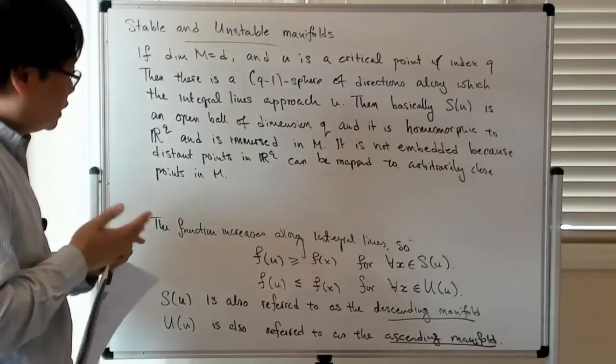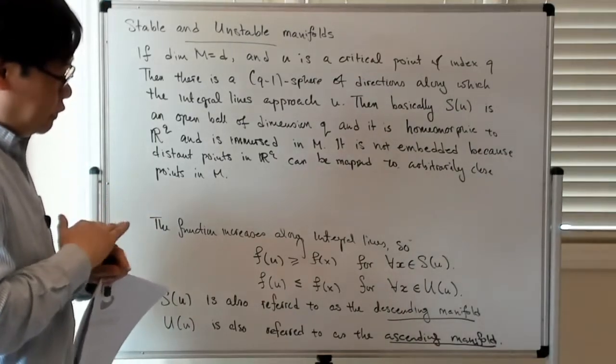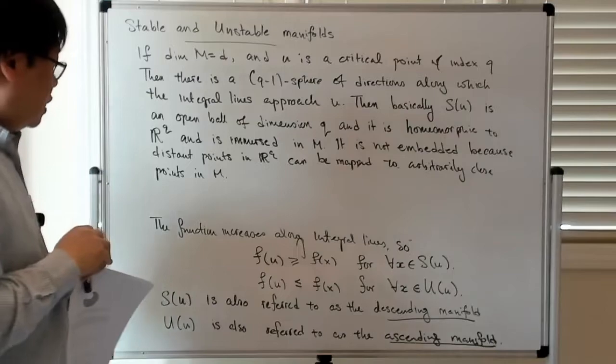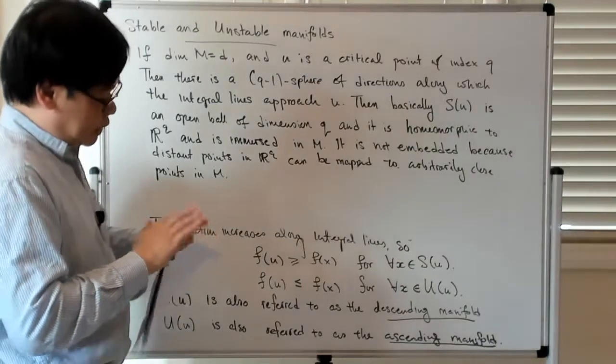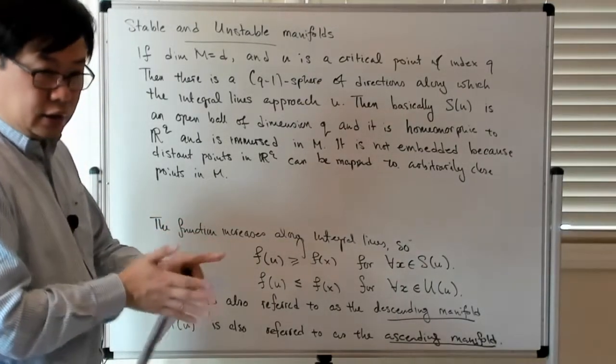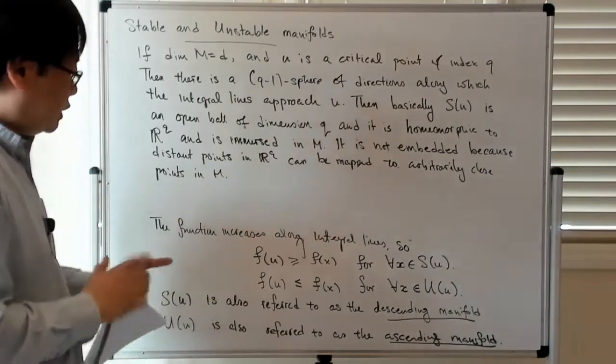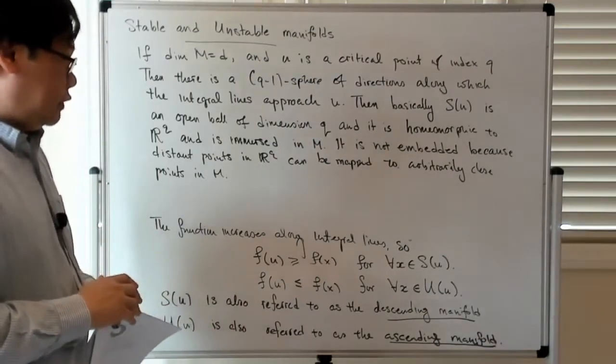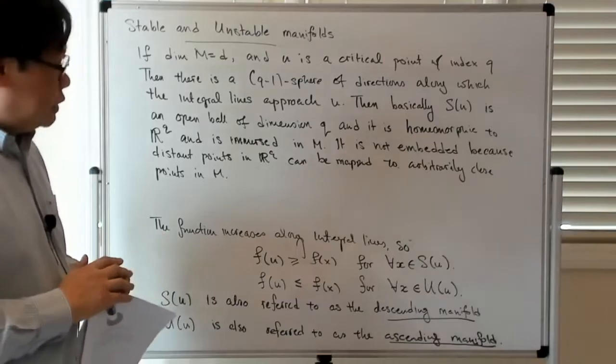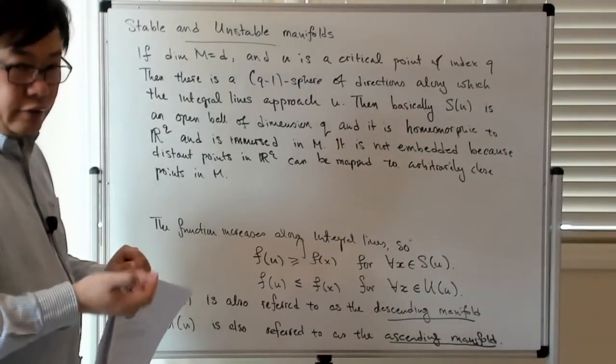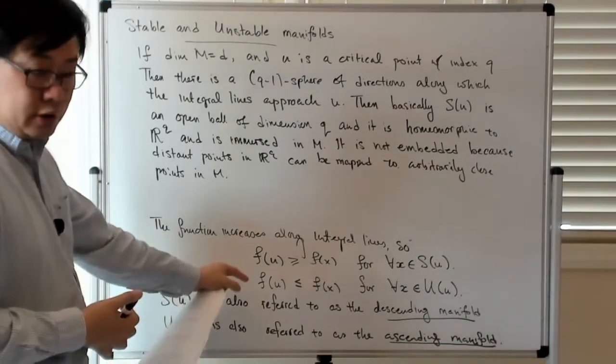So what that means is that if you look at the linearization of those two spaces, then they are complementary. The only intersection of the linearizations of the stable and unstable manifolds is at the origin itself, which corresponds to the point U.